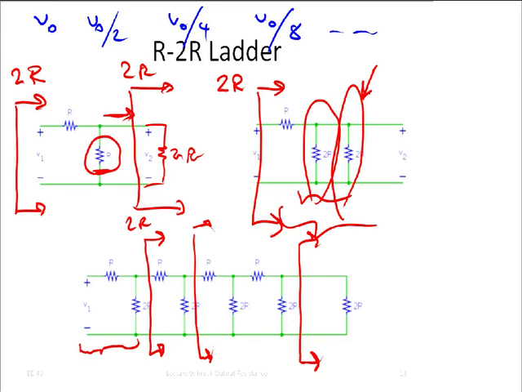Well, every time it goes in, this is V1 over 2, over 4, over 8, over 16. And I can replace this again by one of these, and then I can get to a 32, and so on. Okay? Yes?